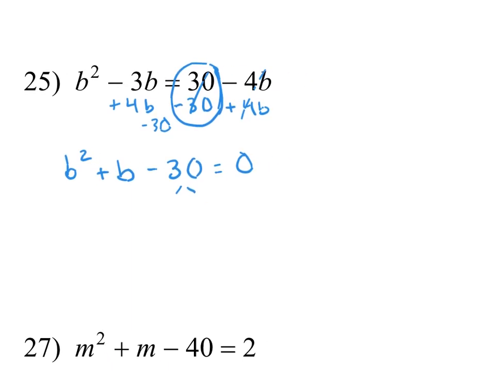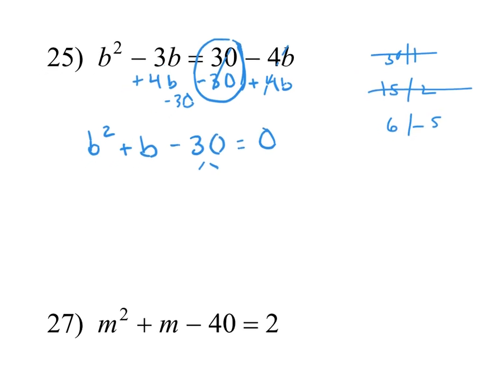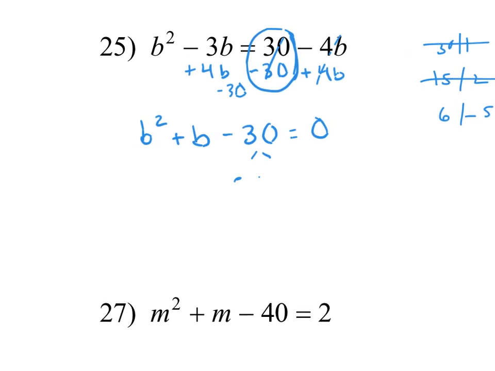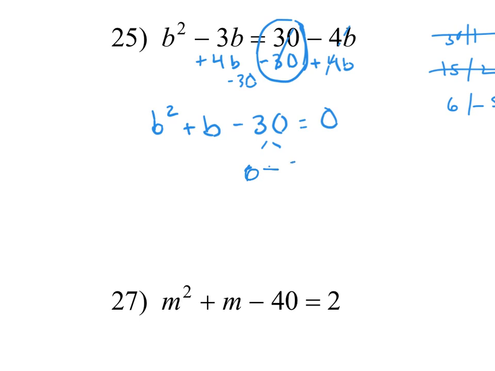So what else? What are other factors of 30? 15 and 2 doesn't add. 6 and 5. Which one's negative? The 5, because it has to add to a positive one. So perfect, that works. So we have 6 and negative 5. So we put those into our parentheses.